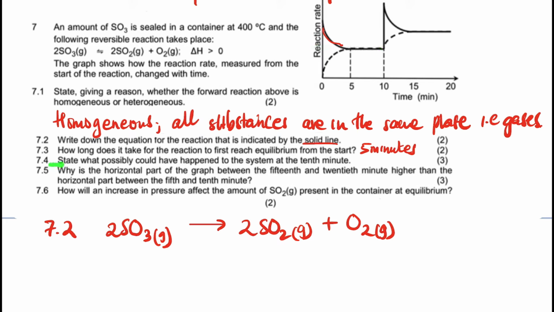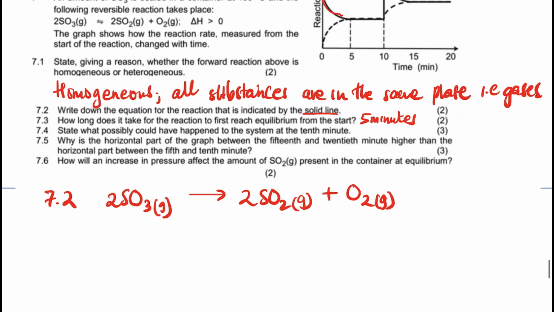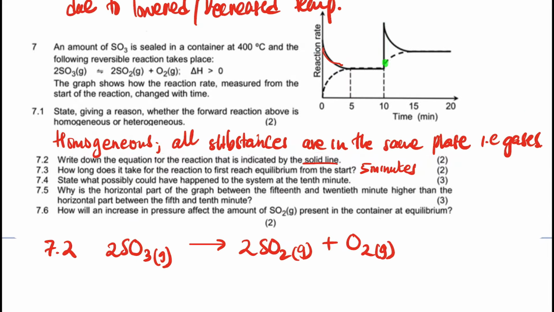Okay, 7.4. State what possibly could have happened to the system at the 10th minute. Looking at the 10th minute there's an increase there, right? There's an increase of whatever, but the increase here cannot be a catalyst.